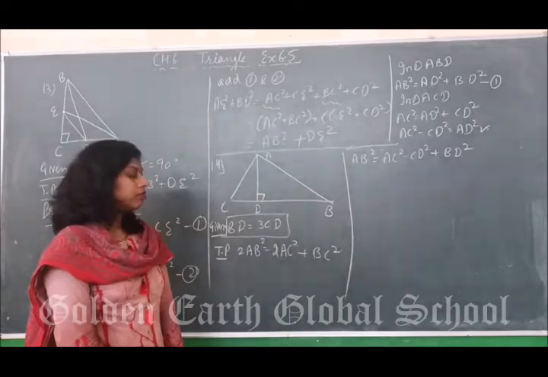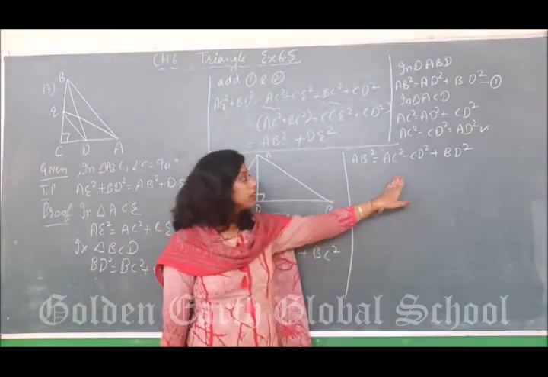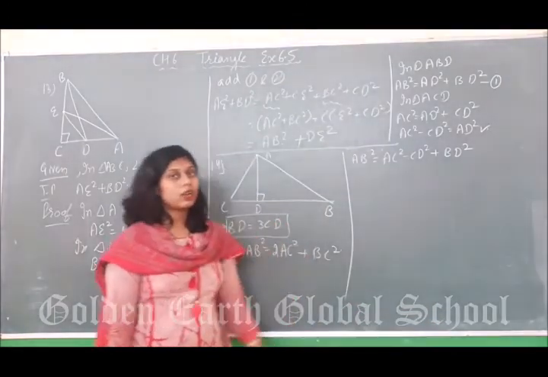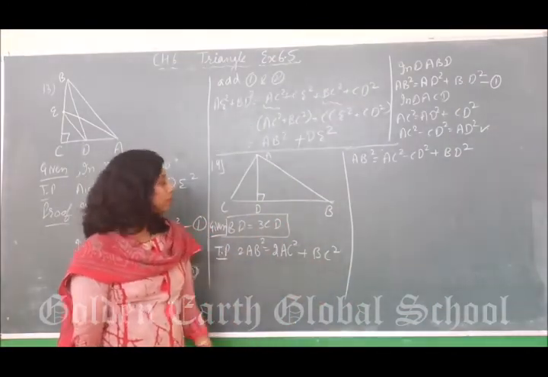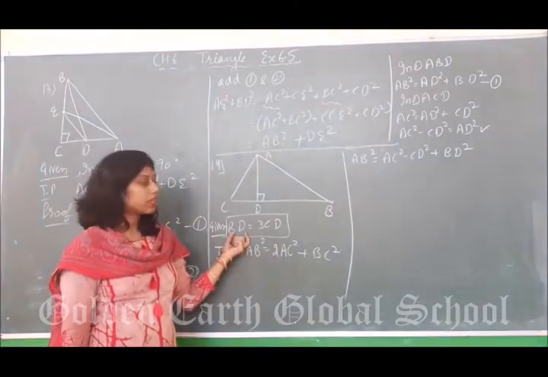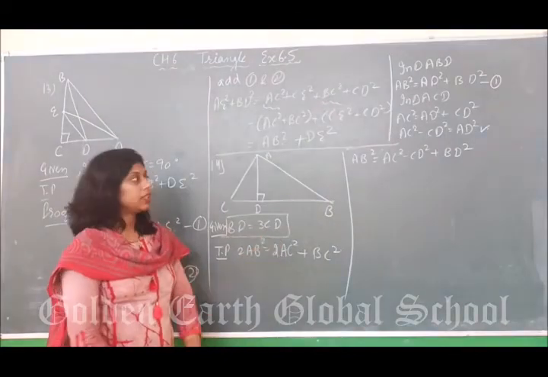Here now we are having AB and AC, both are in here, but CD and BD, instead of CD and BD we need BC. So according to our given condition, replace the term BD by 3CD.